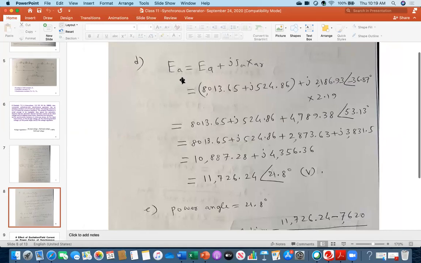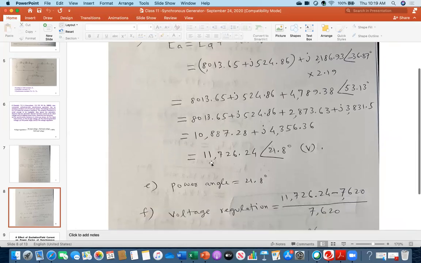EI, the internal voltage, equals the air gap voltage plus jIXR. So from the last calculation, I got this amount, and then j, again I am substituting the I value, that magnitude together with the angle, and the XAR value was 2.19. That we already calculated. And then again, you just calculate.